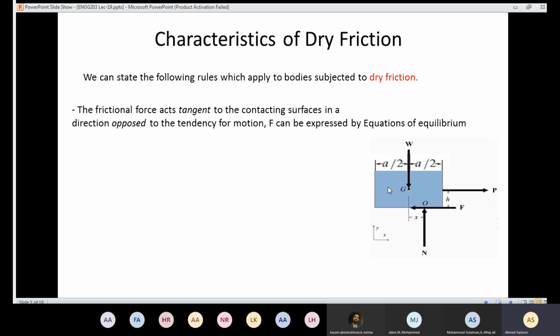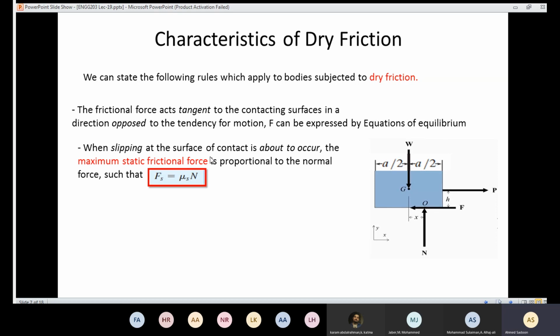So if the tendency of the force is in that direction, the friction is going to be opposite to the tendency for motion. And if the box is not moving, we can apply the equations of equilibrium.